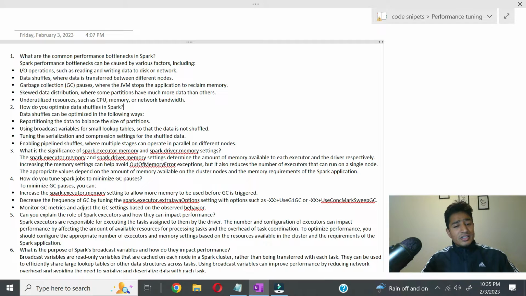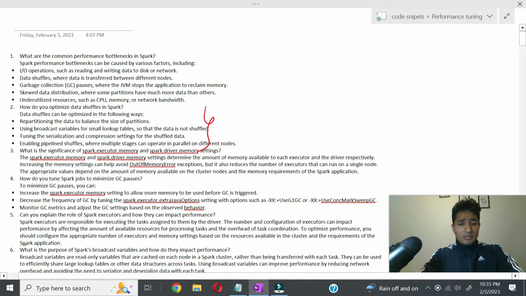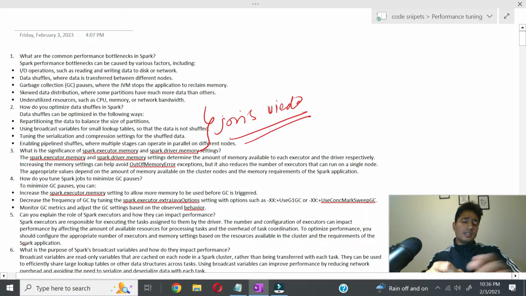Tune the serialization and compression settings for the shuffle data. Enable pipelined shuffle where multiple stages can operate in parallel on different nodes. We have covered all this in the joins video, and if you want to know the details about it, go and check the join video.